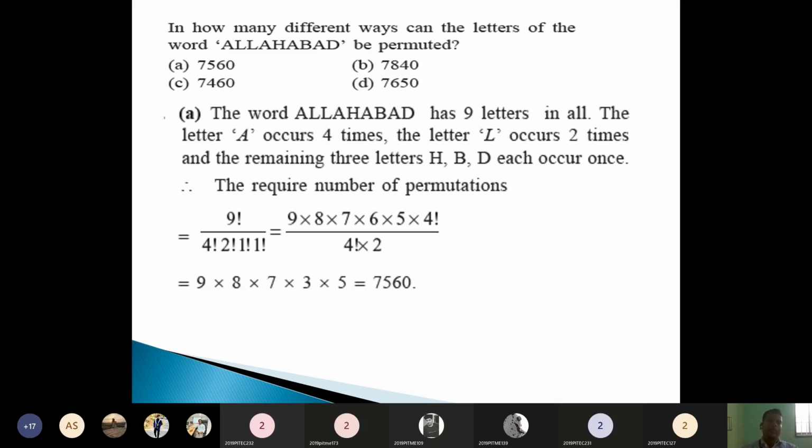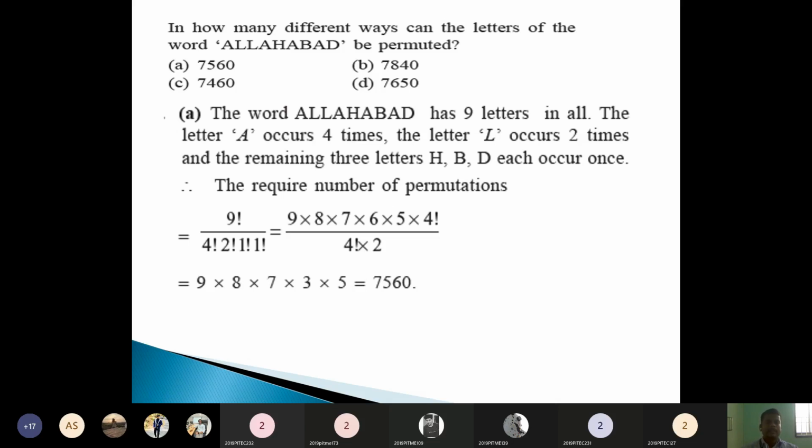Okay. So in how many different ways can the letters of the word Allahabad be permutated? Here there is no restriction, but some of the letters are repeated, so that is the second condition. In Allahabad, A repeats 4 times and L repeats twice.